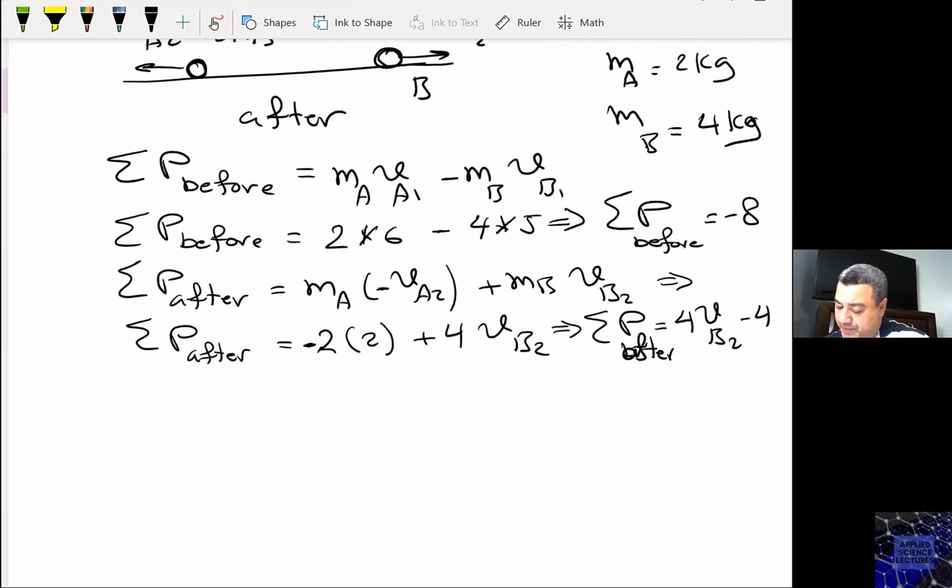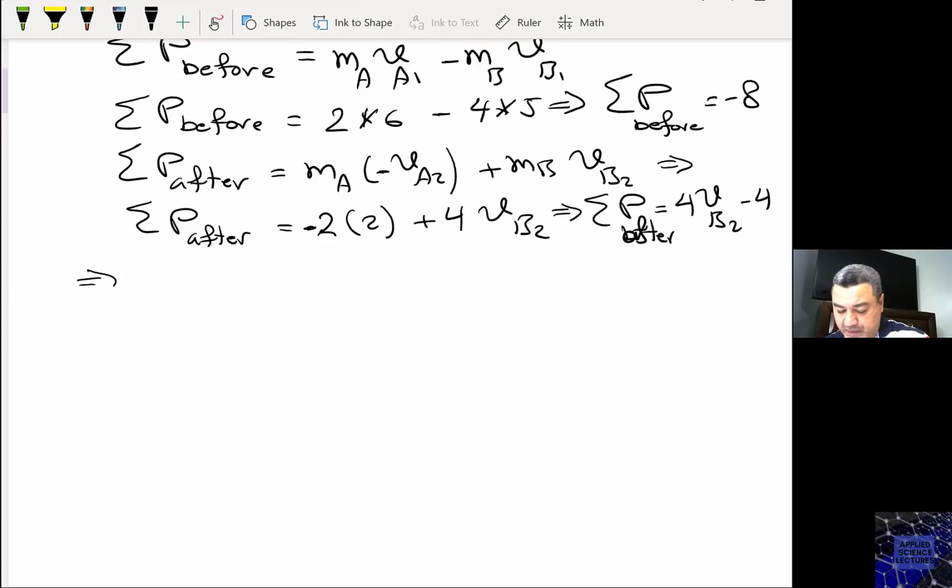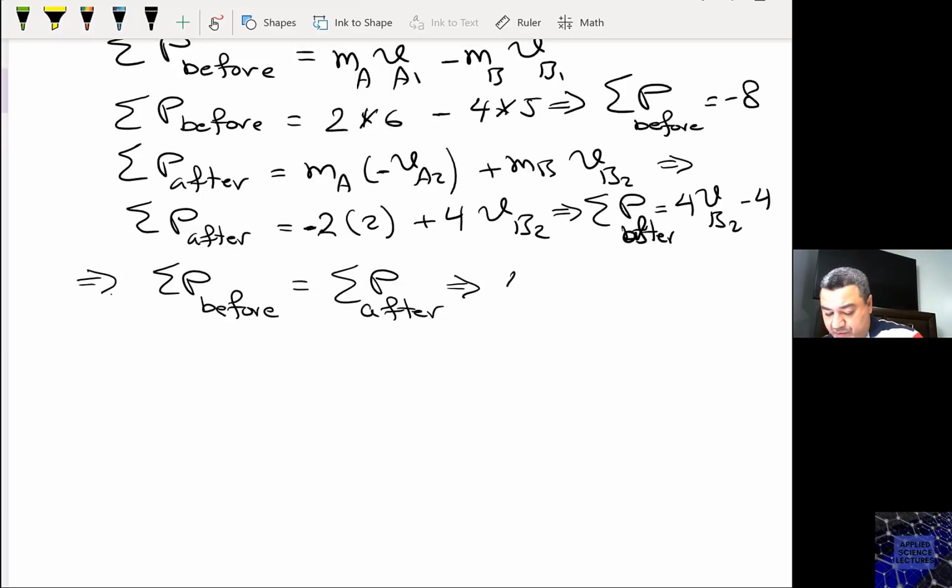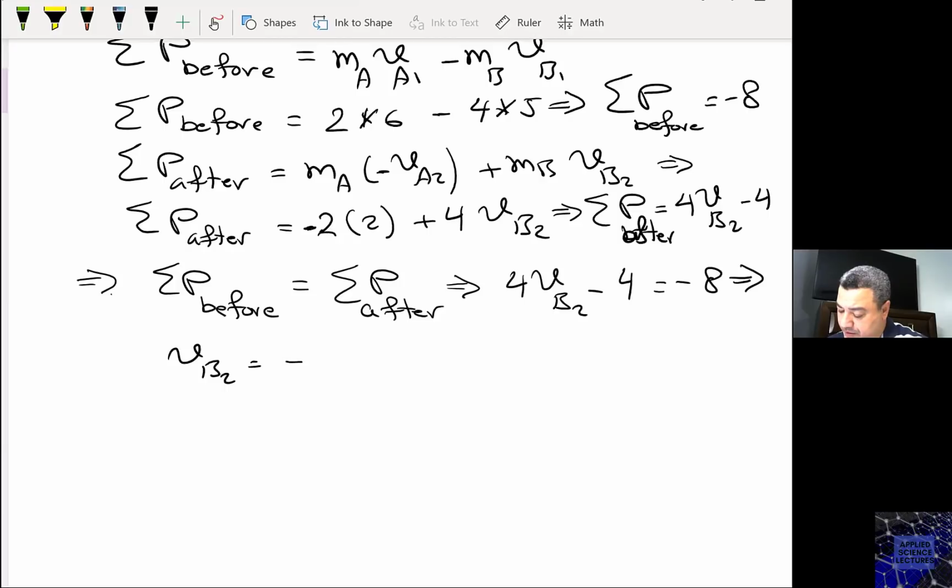Now let's equate them. I have sigma p before equals sigma p after. Then this means I have 4 VB2 minus 4 equals minus 8. This gives VB2 equals minus 1 meter per second.